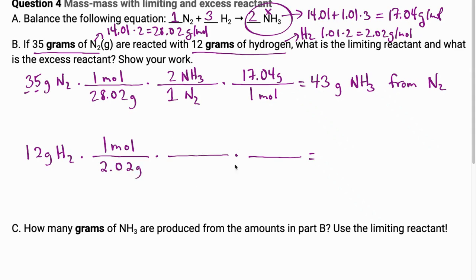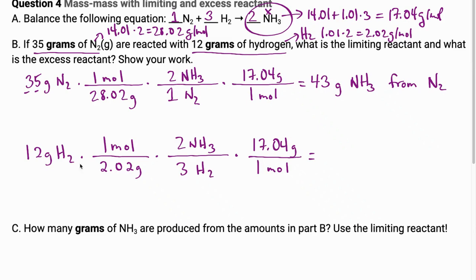Next I need my mole ratio of NH3 to the hydrogen, so that's 2 to 3. And then finally, this is going to stay exactly the same because we need grams of NH3, so I'll use the molar mass of NH3 again.